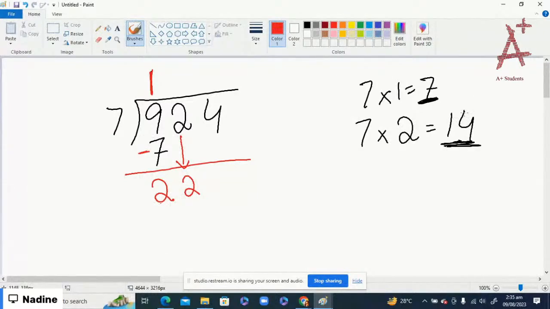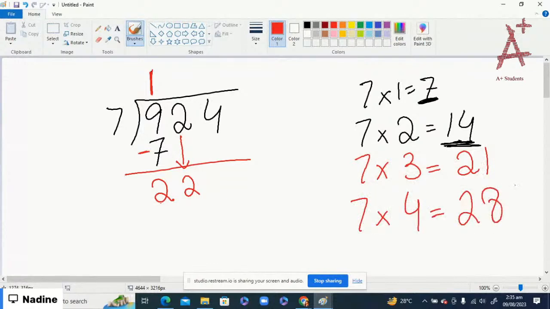Now let's check 7 times which number is 22. If there is no such number in the table of 7, then we put the previous one, the number with the greatest value that fits. Like this: 7 times 3 is 21, 7 times 4 is 28.